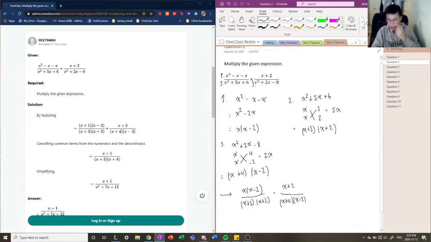All right, so now we can cancel out the common factors here, which is this, this, this, and this. And what we're left with is just x divided by (x plus 3) times (x plus 4).